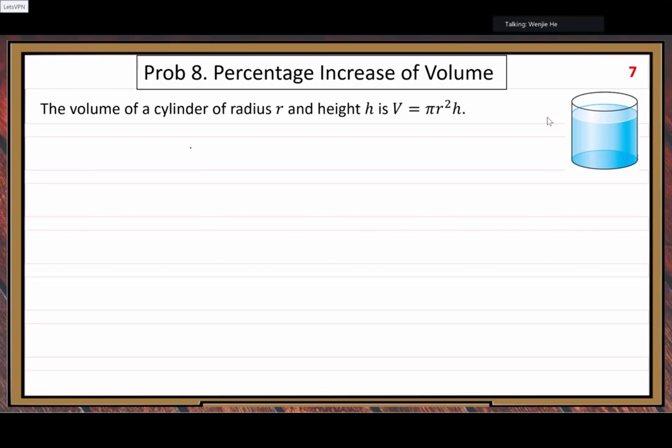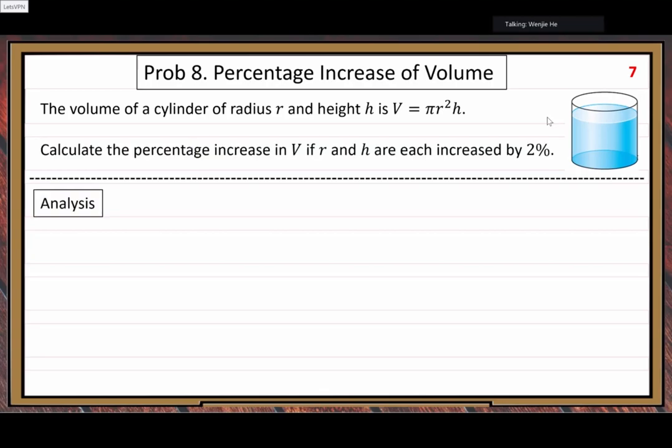So we can do linear approximation. The question: we want the percentage increase in V if R and H are each increased by 2%. You are given that the percent increase of R is 2% and the percent increase of H is also 2%. But how much is the percent increase of the volume V?